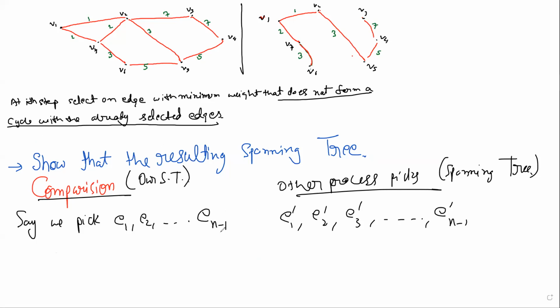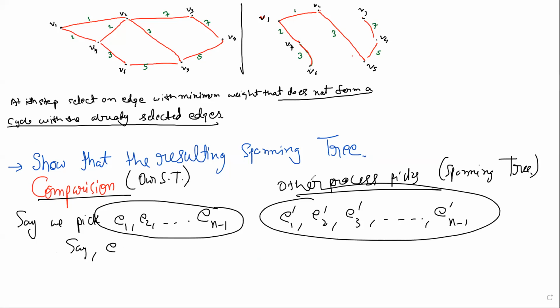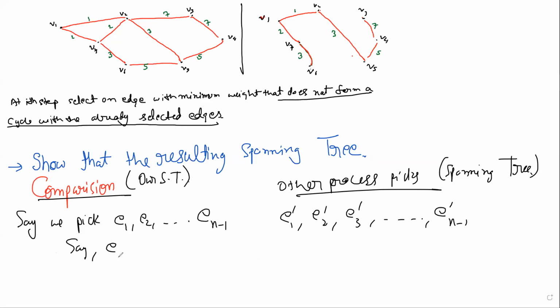Obviously there can be commonalities between these two, they may have a lot of things in common, but say there is some ei prime. Let's call this T, and this T prime.